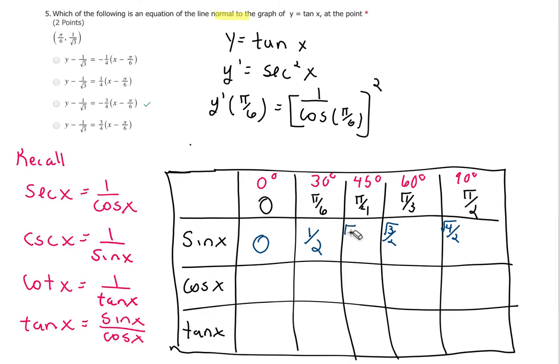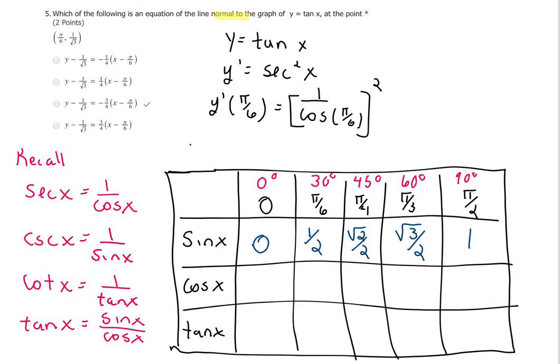Let me just write it a little bit neater. And so that's going to be the square root of 2 over 2. And then square root of 3 over 2 does not simplify down either. So that is square root of 3 over 2. But on the other hand here, the square root of 4 divided by 2 is 2 over 2, which simplifies down to 1.